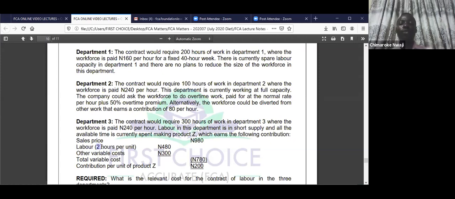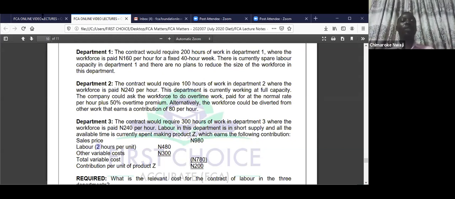So if they spend 300 hours, they would have lost 150 units. 300 divided by 2 gives you 150 units that will be lost. When you multiply the 150 units by 200 naira per unit contribution, you get the lost contribution.